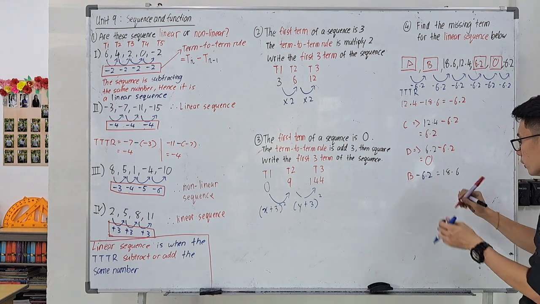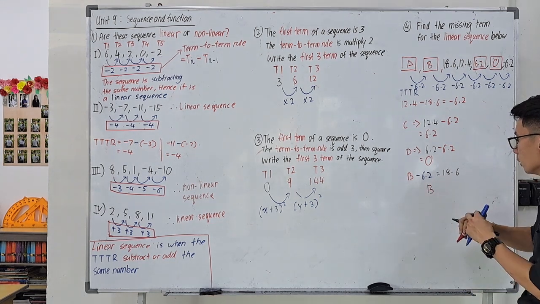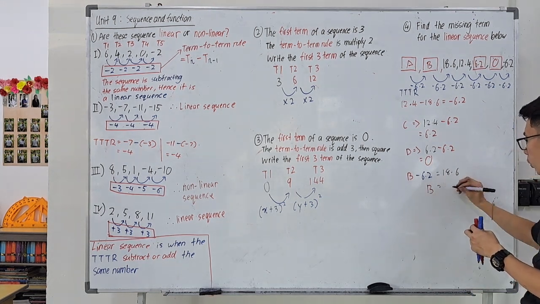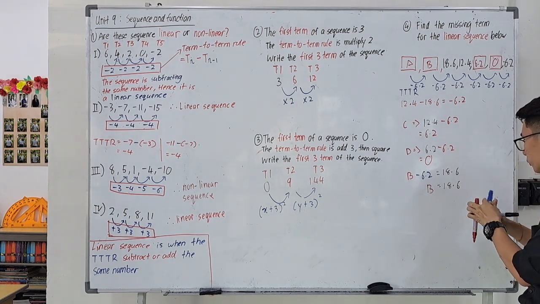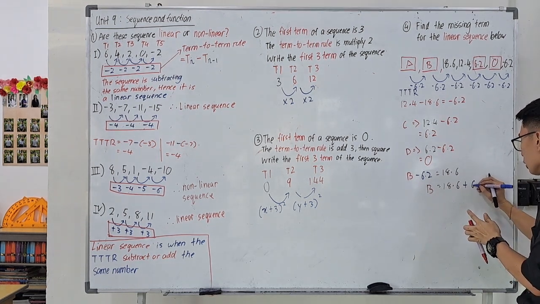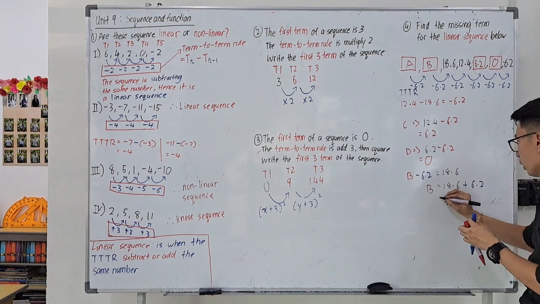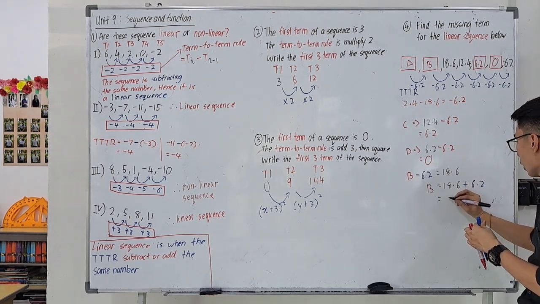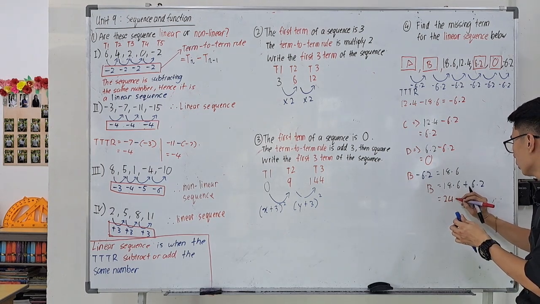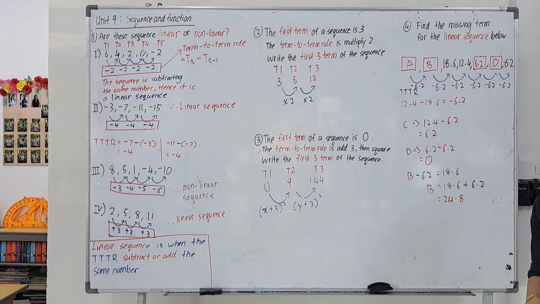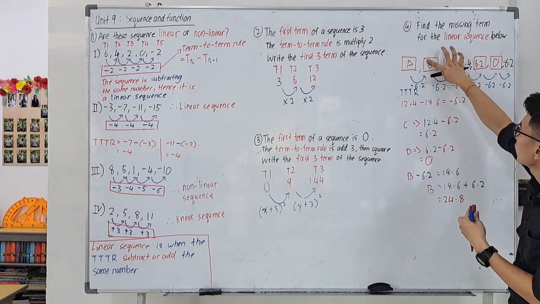So we can solve this by moving it over, so I will have 18.6 plus 6.2, and that should give me 24.8.